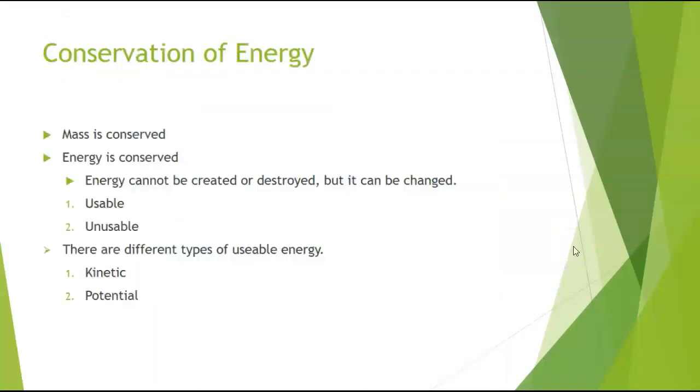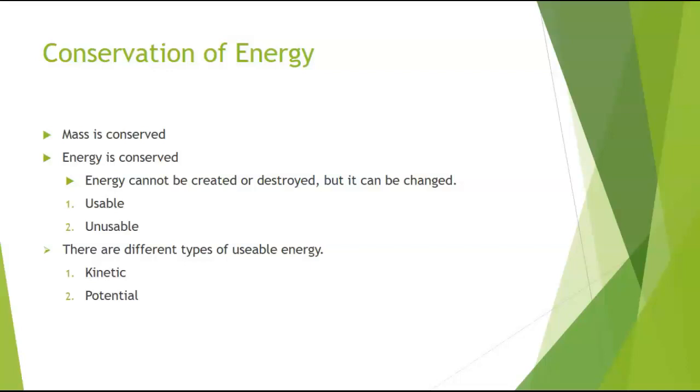So in relation to the conservation of energy, remember mass is conserved, and so is energy. Energy is conserved. Energy cannot be created or destroyed, but it can be changed. You can change energy from usable energy to unusable energy. And there are two different types of usable energy. There's kinetic energy and there's potential energy.